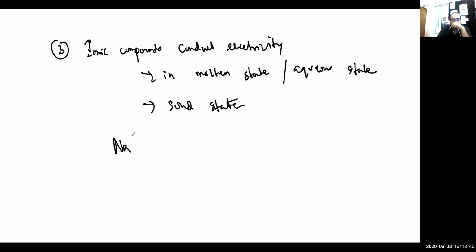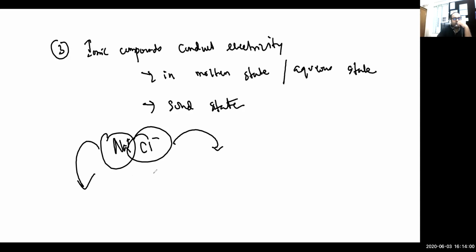So sodium ion and chloride ion, when they're arranged in a lattice, are not free to move. So the charges cannot be carried around.